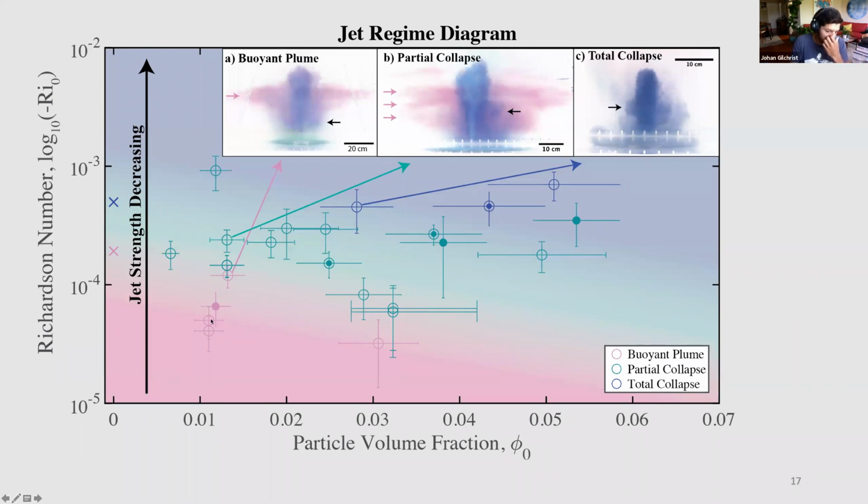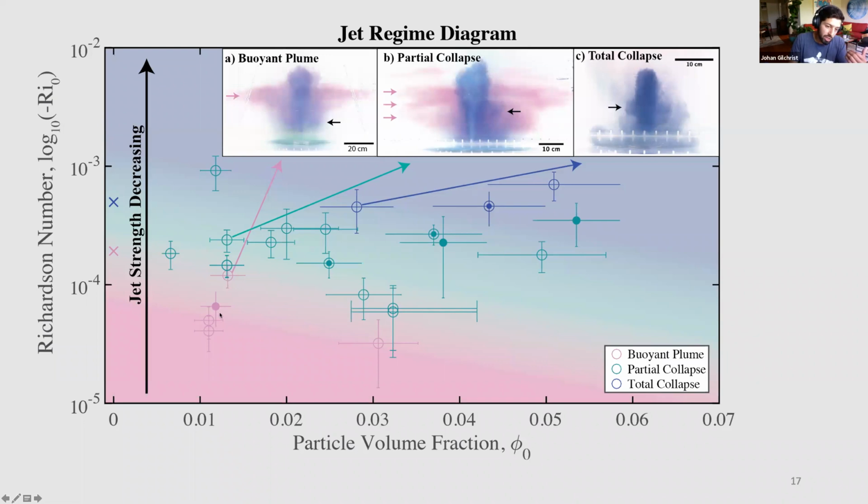And what we've observed is that as we vary the source conditions among experiments, so from this experiment, say here, to this experiment here, we see that the jet regime changes from the Buoyant Plume to partial collapse regime, and then from this experiment to this experiment where we decrease the jet strength further and increase the particle volume fraction, the jet occurs in the total collapse regime.